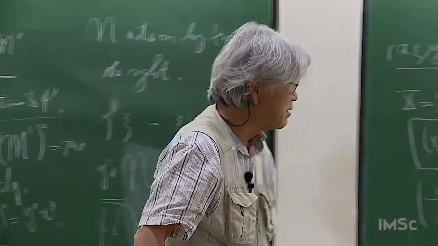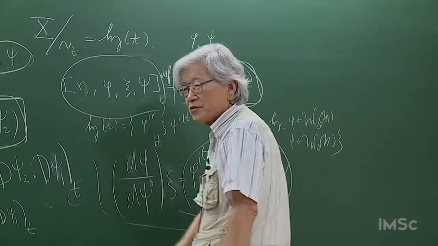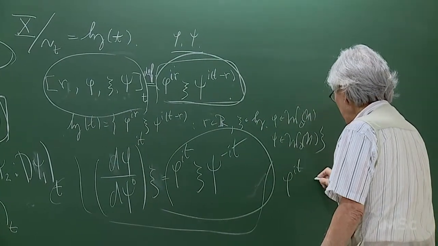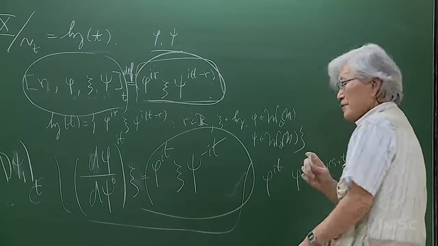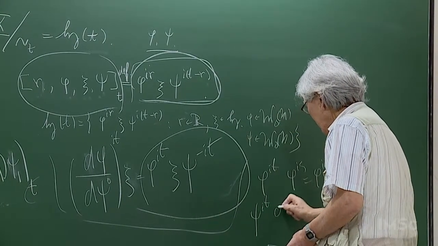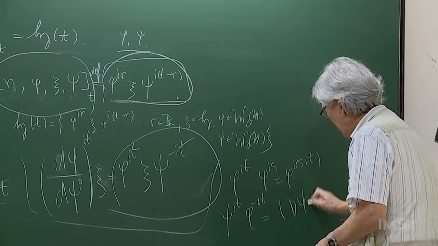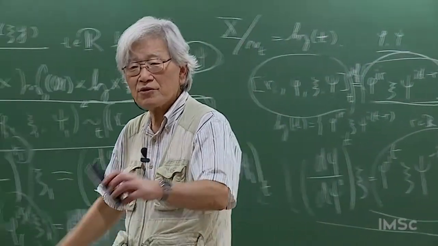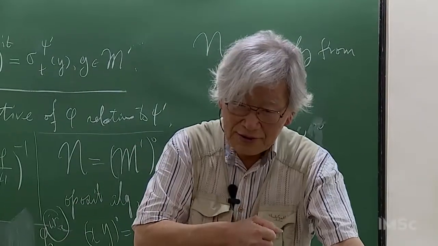Okay? And this is the basic rule. Whenever you see phi t, phi s, then it is phi of s plus t. That's another one. And when you have psi it, phi minus it, distinct one, this is d psi d phi t. So with all those rules, you can move from one expression to another expression.